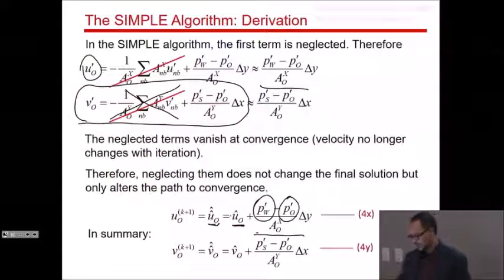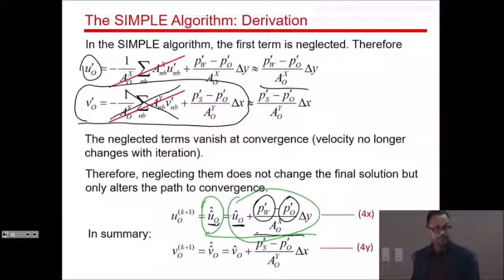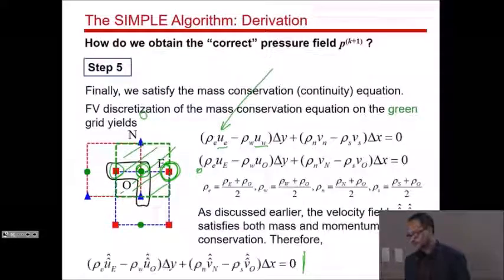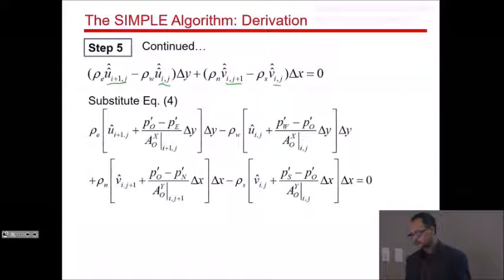So I'm going to take this expression here and replace it by the right-hand side of that equation. We are using equation 4 here. Substituting that in. Everybody with me so far?